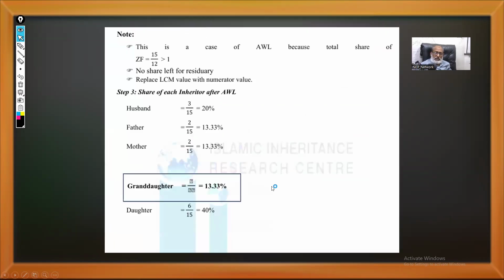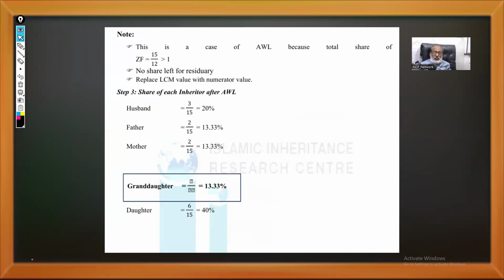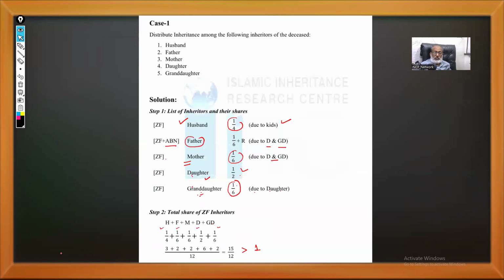So if we add all the primary shares, husband 1 by 4, father and mother 1 by 6, daughter 1 by 2, and granddaughter 1 by 6, you will see that the total is greater than 1. So we replace the LCM with the numerator, and the new share for the granddaughter will be 2 by 15.